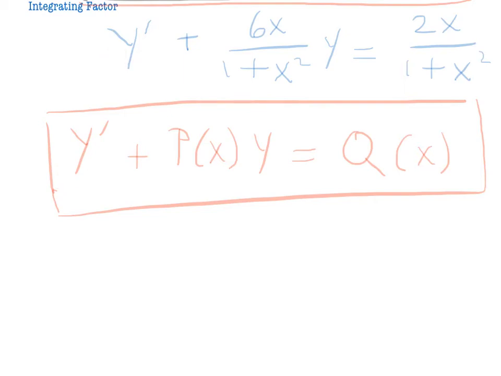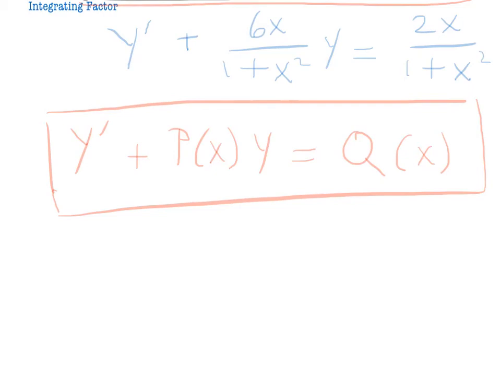I have a y here and a y here, multiplied by a function of x. And on the right-hand side, I'm supposed to have another function of x, which is what I have here, corresponding to q. So I'm on good grounds here, and I could legitimately use the solution method that I discussed earlier.